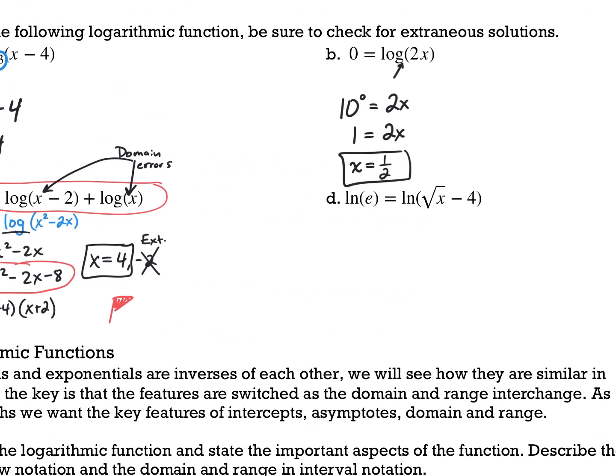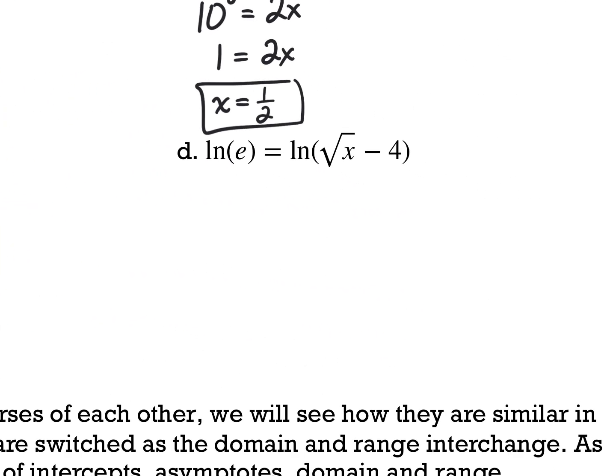All right, one last problem here. Let's see what we have. Here, it always gets confusing, right, when we have e showing up, especially when we have e on both sides of the equation. There are two approaches here, and I think the one that makes the most sense is to just do what we did on the last problem.